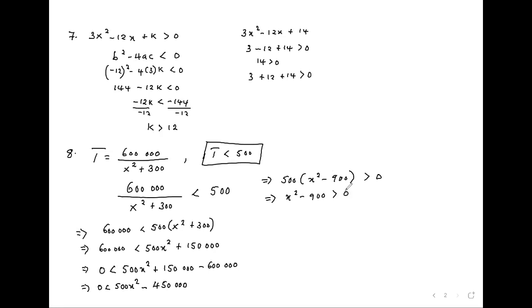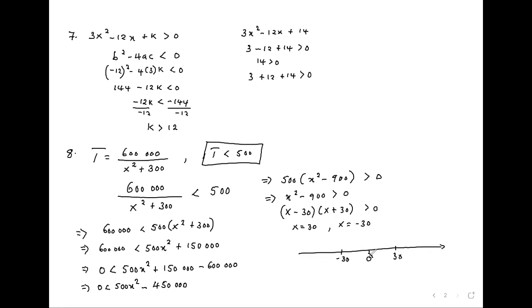This is a difference of 2 squares. It looks like, so it will be X minus 30 and X plus 30 greater than 0. So we have critical numbers, X is equal to 30 and X is equal to negative 30. And so we can form a testing table or a testing number line where we have -30, we have +30.